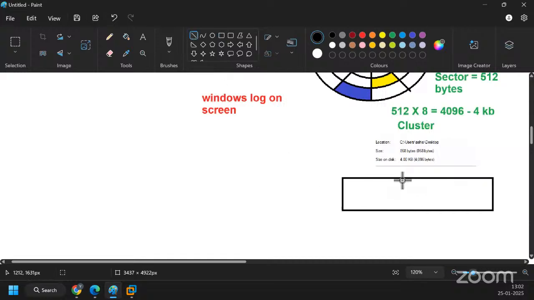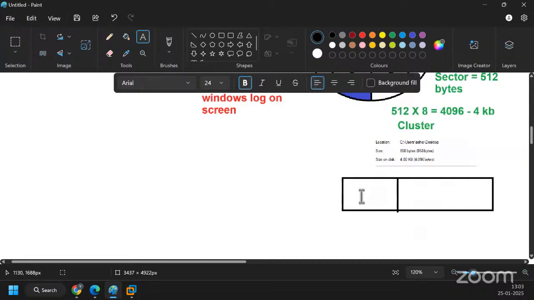Previously, when our file had a smaller size, it was getting stored in the slack space of some other file. Like this, we have a file size of 1 KB and 3 KB of leftover storage. That is what we call the slack space, the empty space we have.